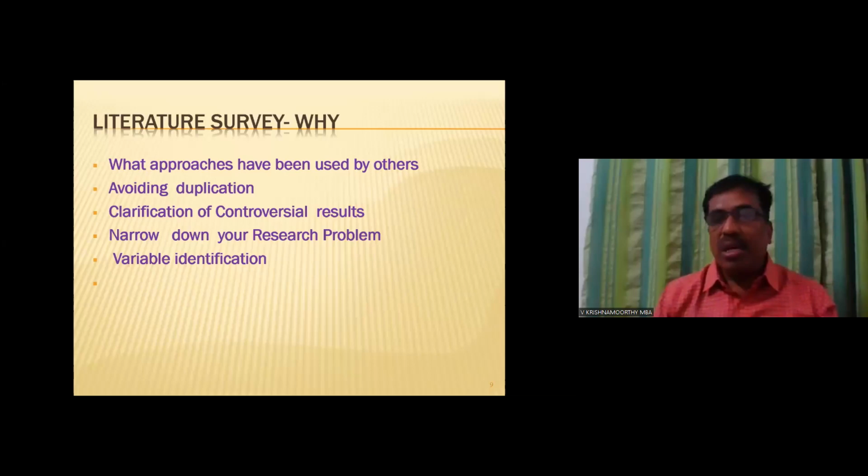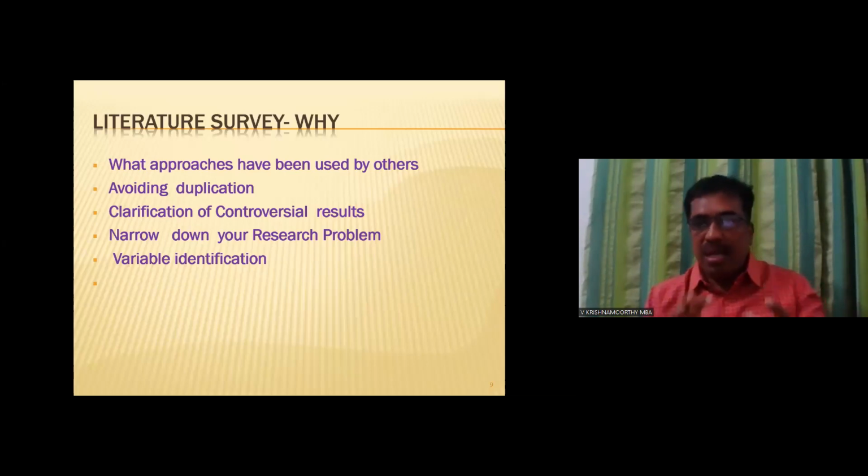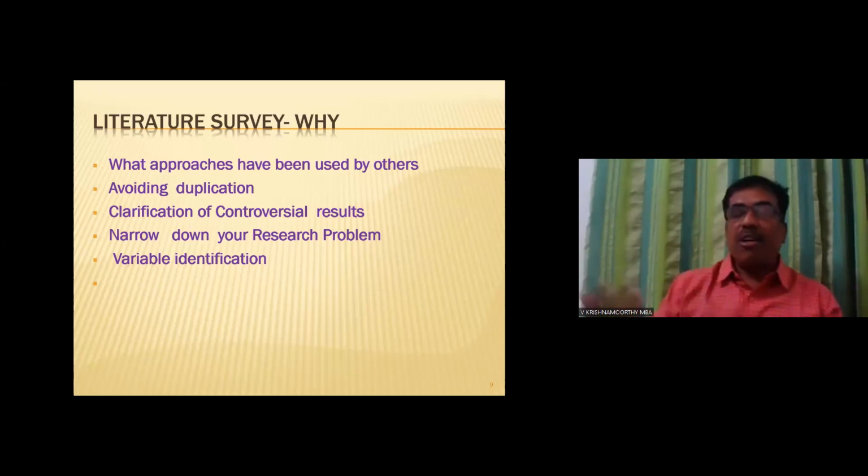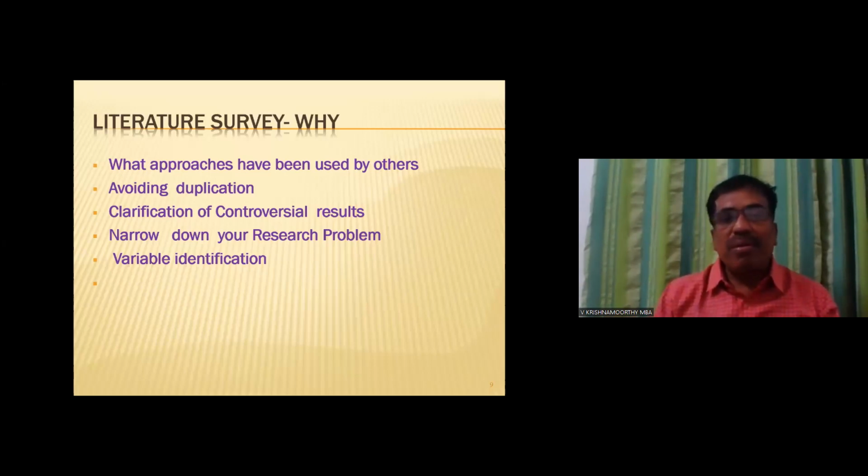Another approach is that we observe the pattern, and based on the pattern we develop some theory. Yesterday we saw that Maslow's need hierarchy was developed based on this. So we can get this kind of information only with the help of review of literature.